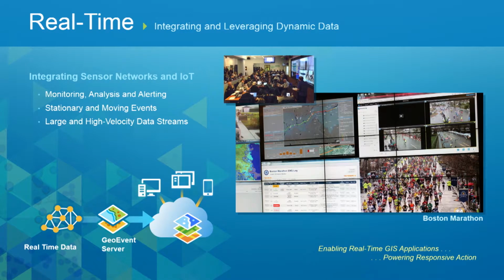Another dimension of big data is real-time data. Here, we're all reading the newspapers about Internet of Things. You know, what the hell is the Internet of Things? Little devices that are measuring everything that moves and changes. Whether it's a TV camera in your refrigerator telling you whether your food is spoiled or a stream flow gauge.